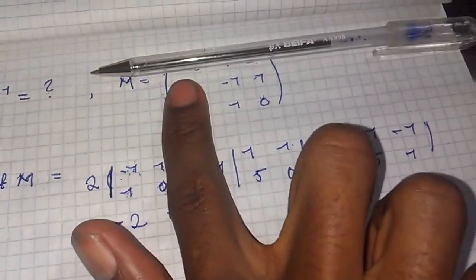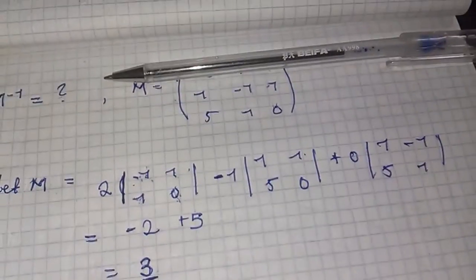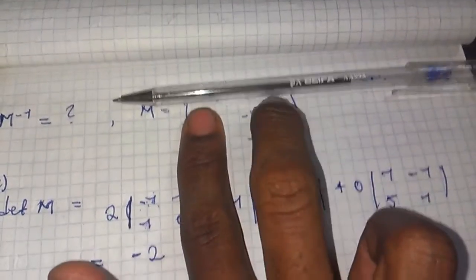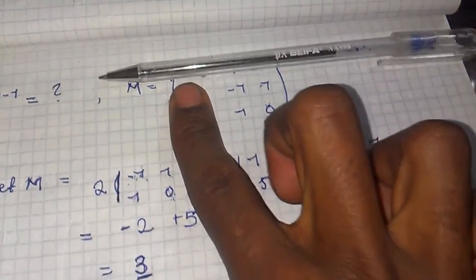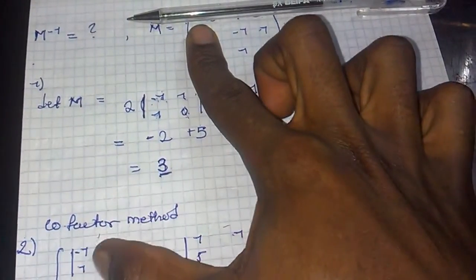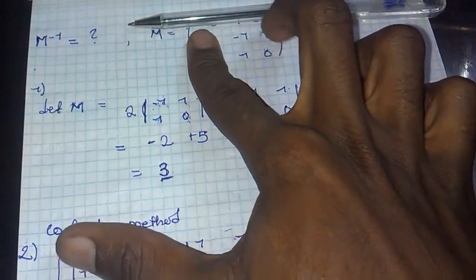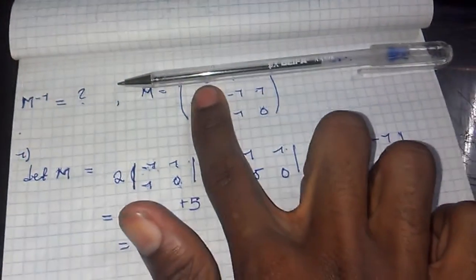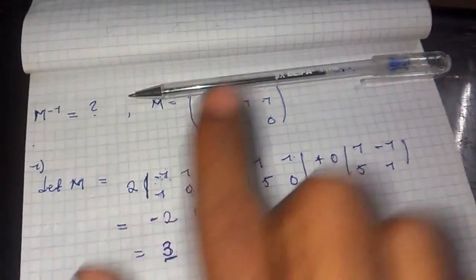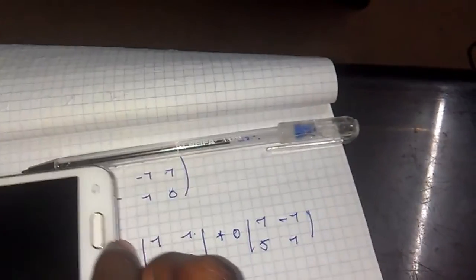I block here, then I write it here. Is everybody seeing it? Negative 1, negative 1, negative 1. This is the same negative 1 here, and this is the same one here. So I block something like this. I don't know if I can find a pen, but I'll use this phone to block somehow.